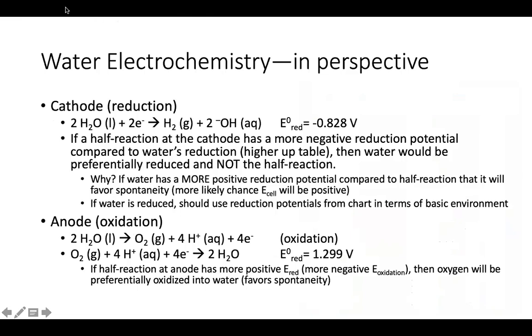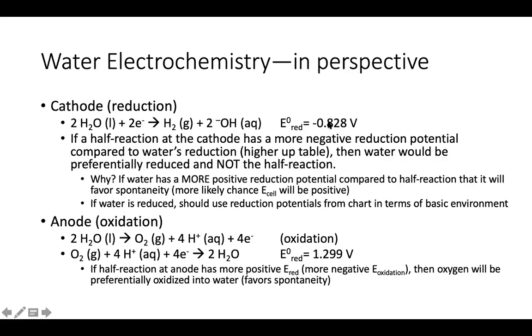Okay. And so let's bring this back to electrochemistry in water. Okay, so again, at the cathode, water can be reduced, and this is the equation, and it has a certain reduction potential. Okay, if the half reaction occurring at the cathode has a more negative reduction potential compared to water's, meaning it's higher up that standard potential list, then water would be preferentially reduced.